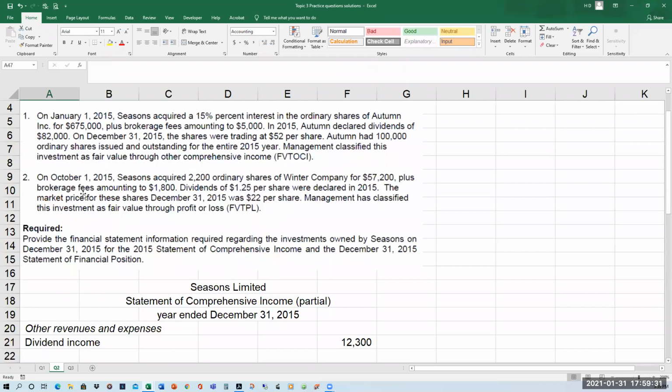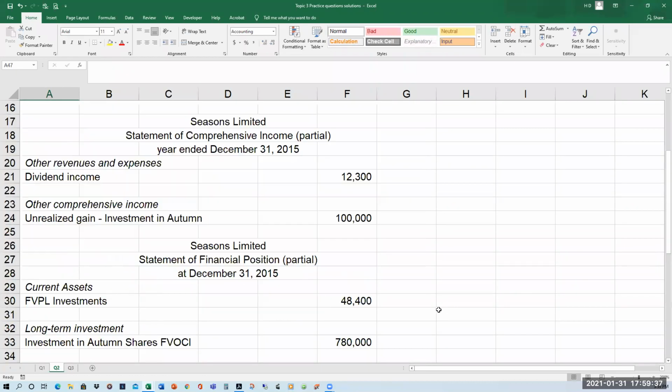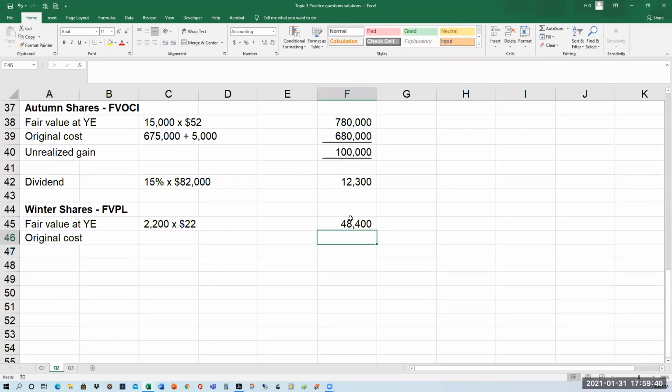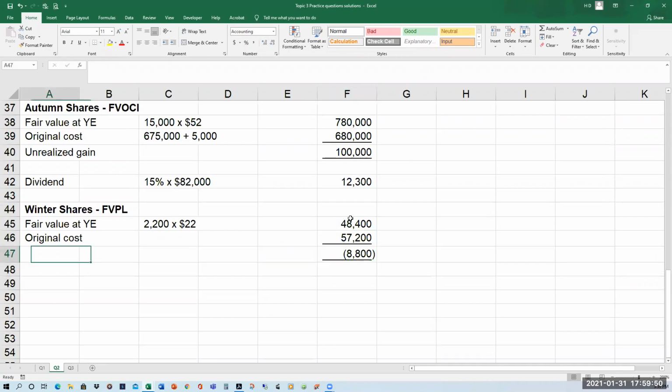$57,200. The brokerage fees are expensed for FVPL investments. So $57,200, that was the original cost. So we're looking at an $8,800 unrealized loss.